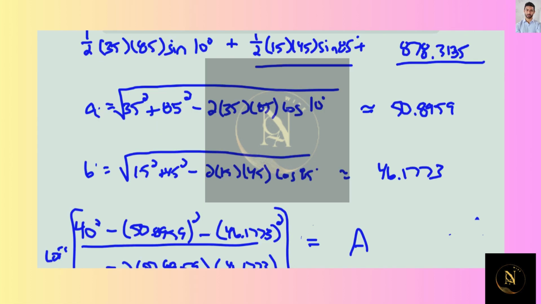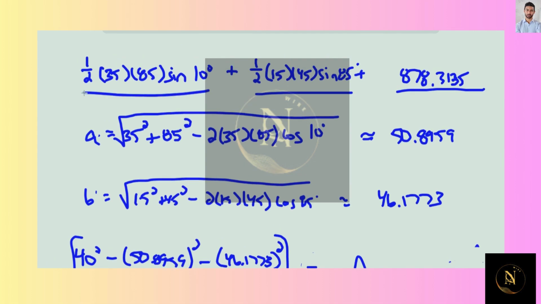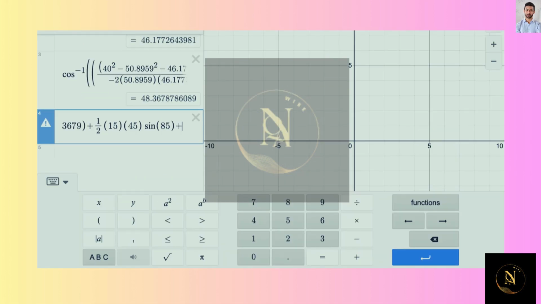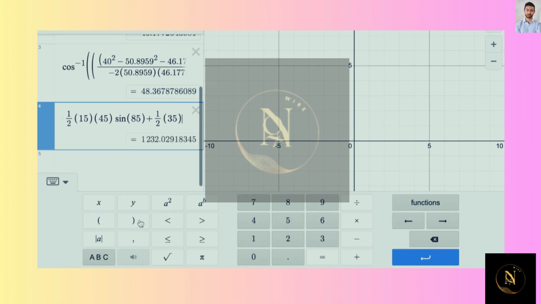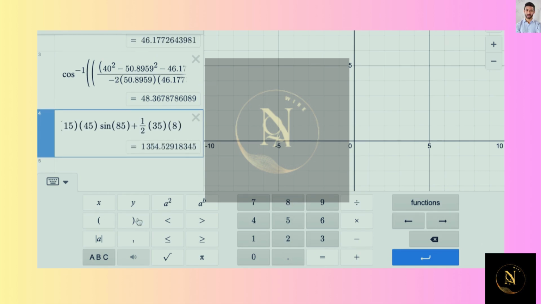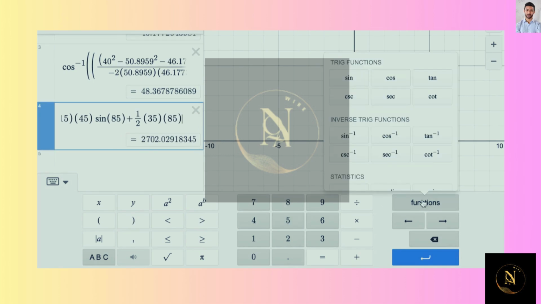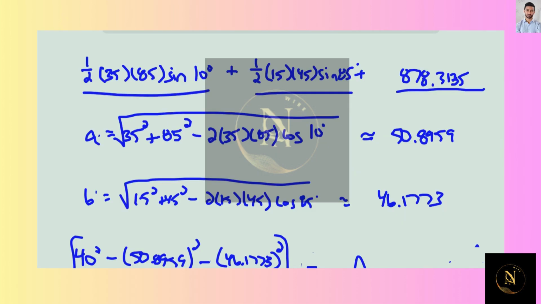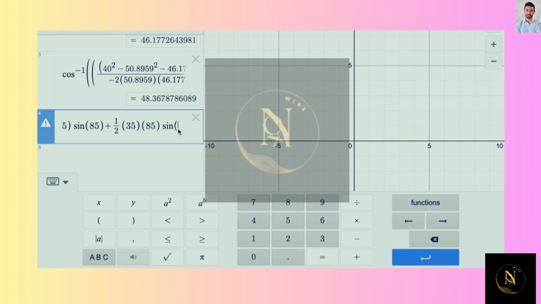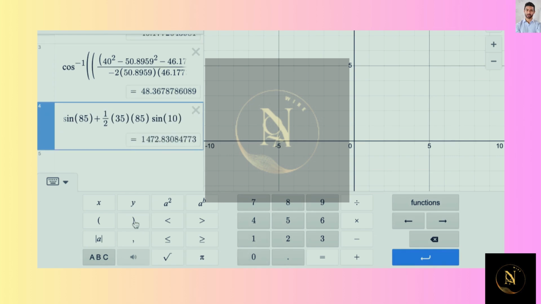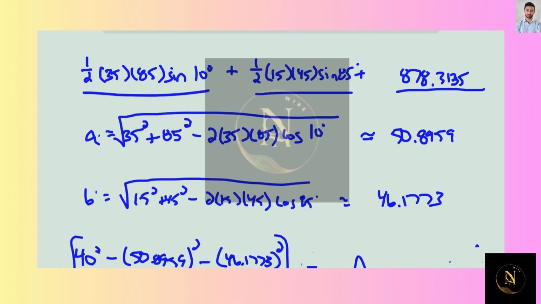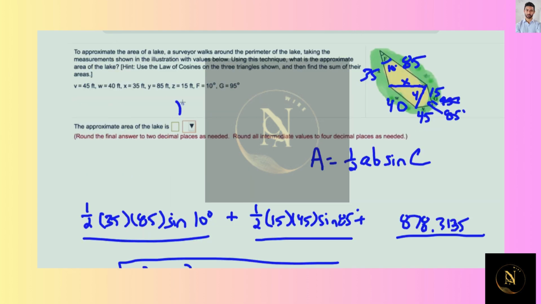So that's accounted for, and then I have to account for the other triangle, 1/2 times 35 times 85 times the sine of 10 degrees. We got 1472.83, final answer. 1472.83, and this would be in square feet.